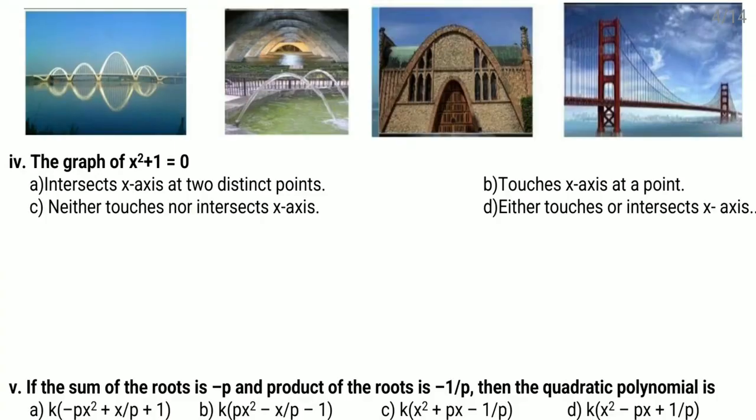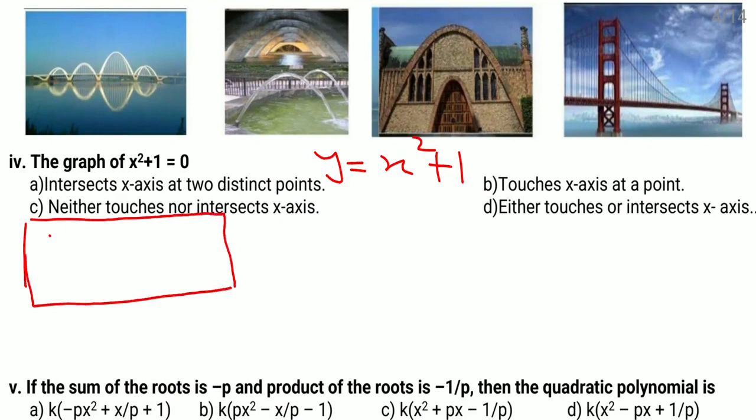The graph of x square plus 1 is equal to 0. So how will the graph look? Let us see now. To draw the graph we need to write y is equal to x square plus 1. Now for this we should have the table. Now look at the table here. I will just draw the table. This is x, this is y.